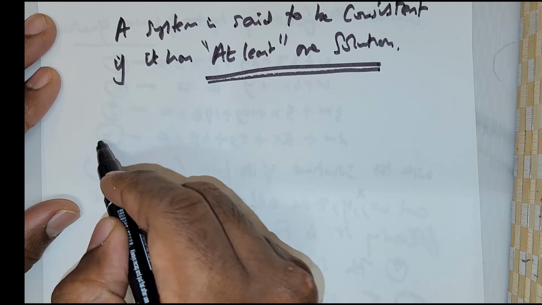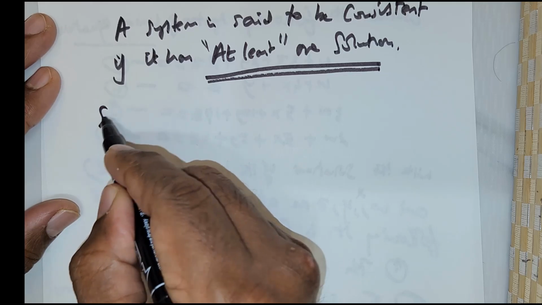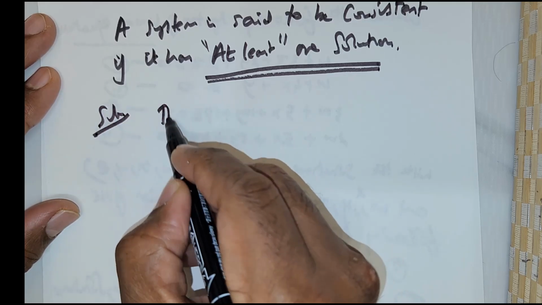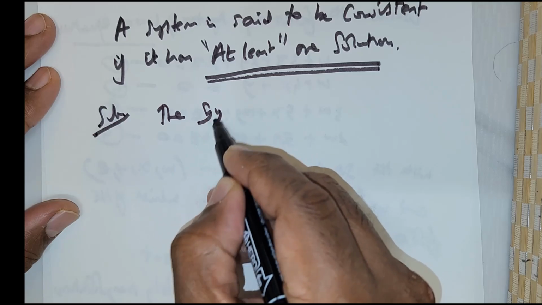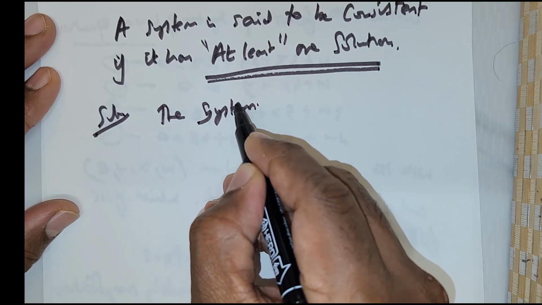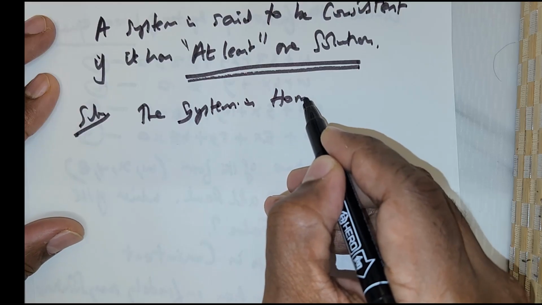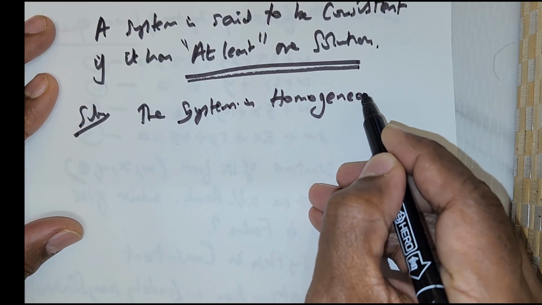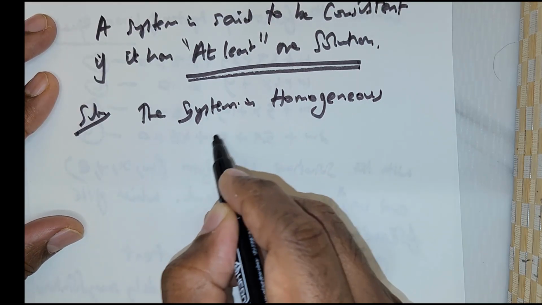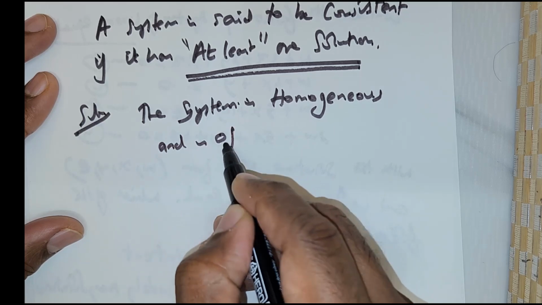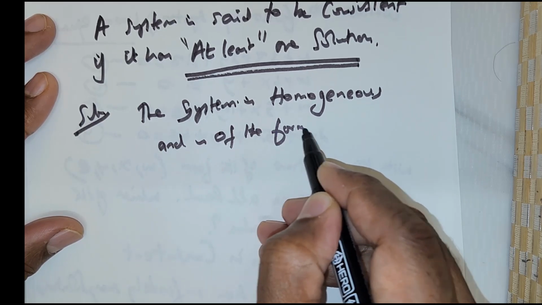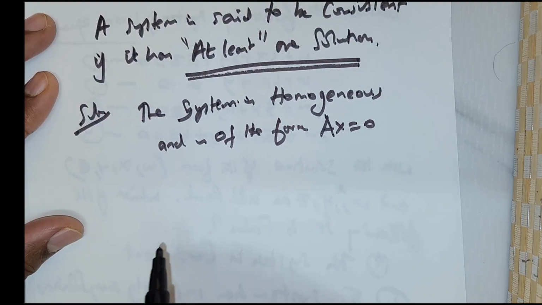Now, coming back to the question. What is the solution we started with? We found that the system is homogeneous, and is of the form Ax equal to 0.